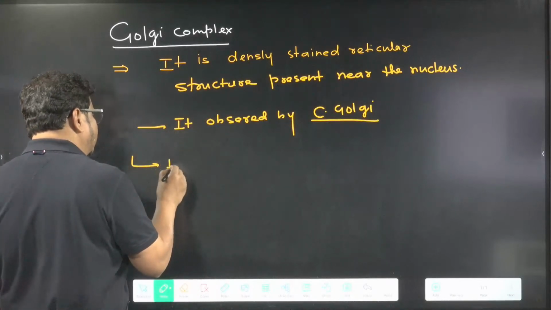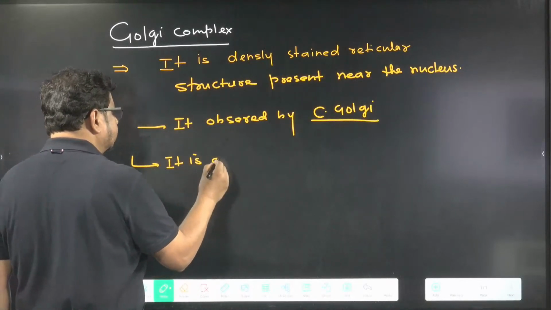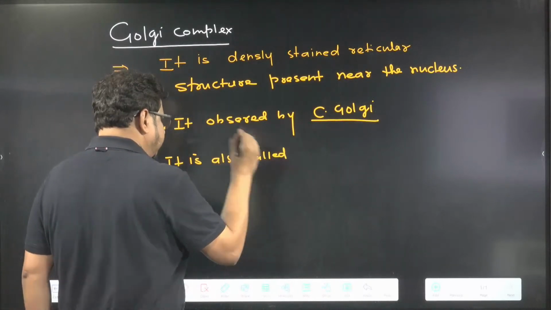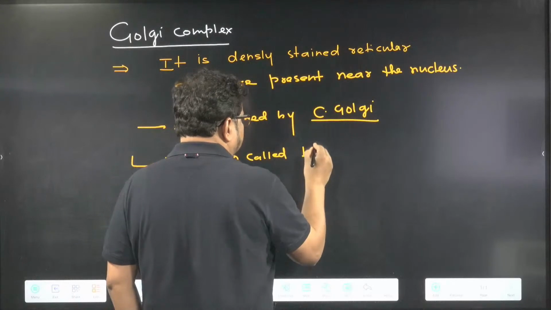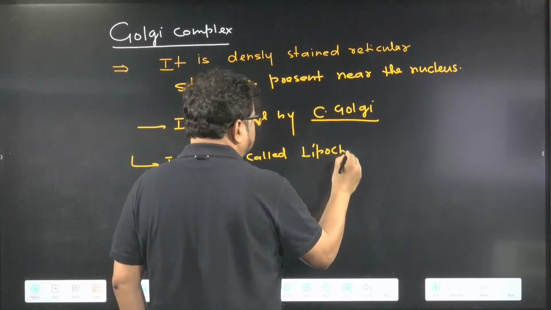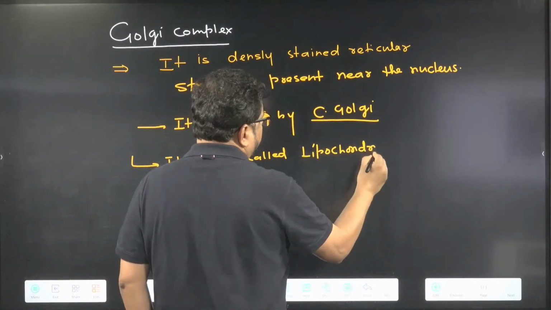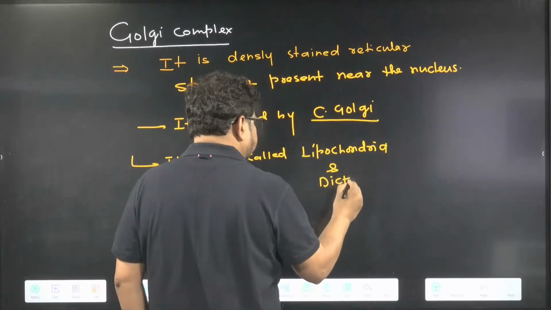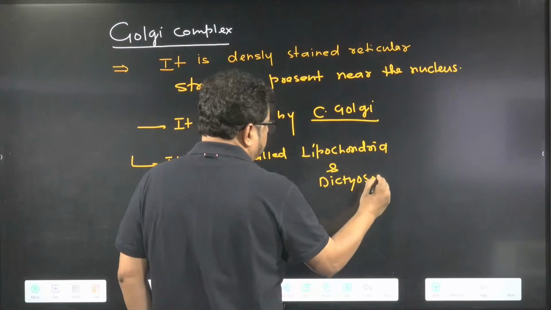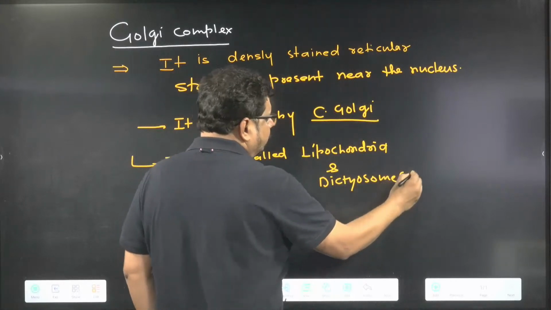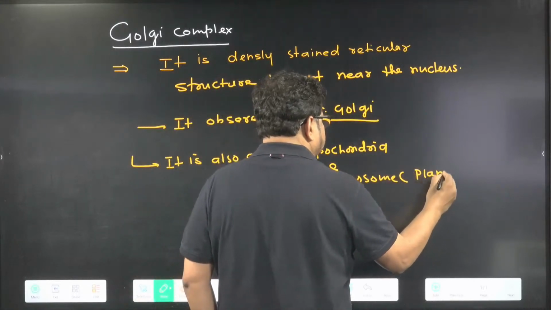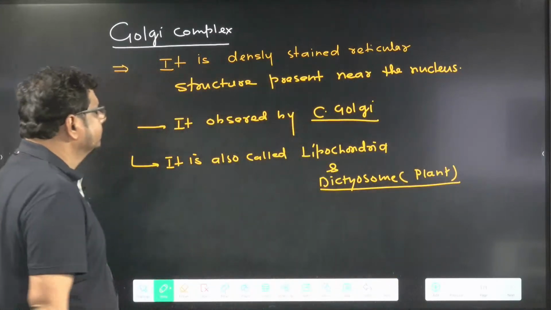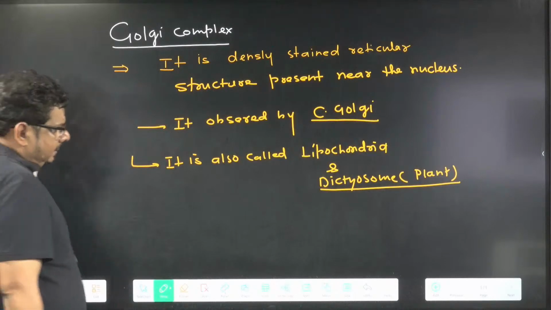It is also called lipochondria and dictyosome. This dictyosome word we use in plant Golgi complex. So in plant, Golgi complex is called dictyosome. Right?